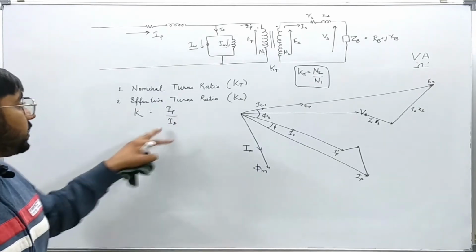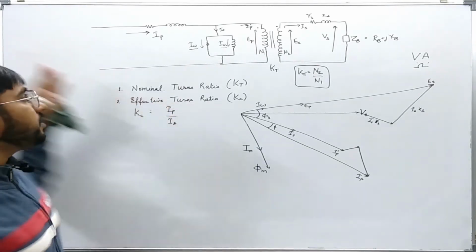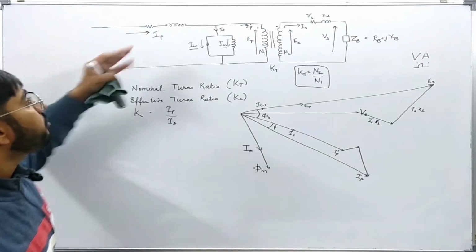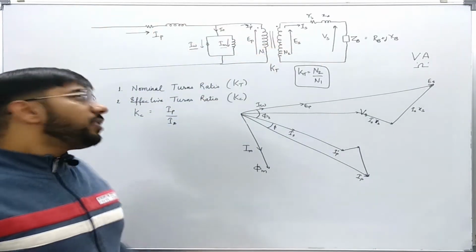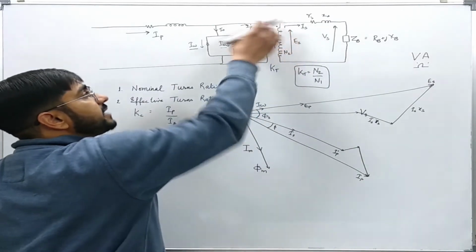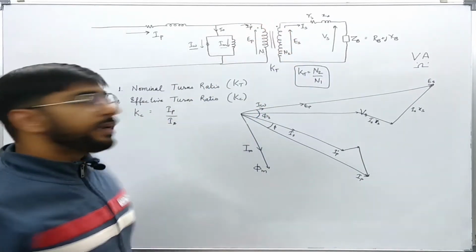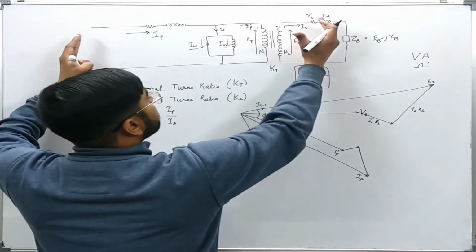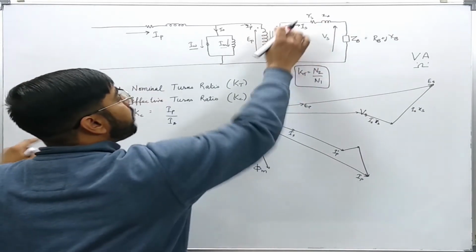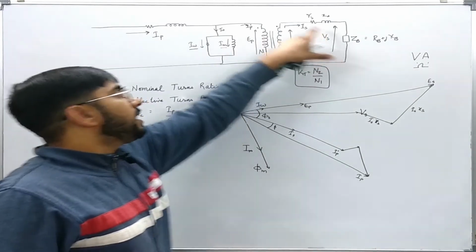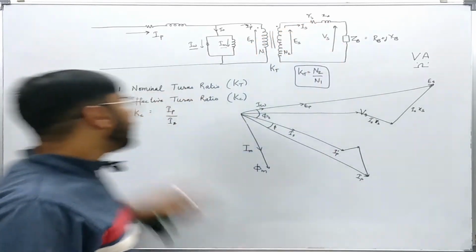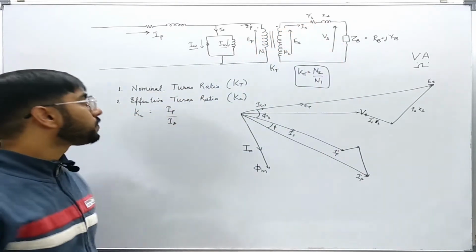That is the effective turns ratio, which we observe by measuring the current on this side and this side. We don't know the inside construction of the CT. We can only see this. Although it will be written on the nameplate, we can only measure the currents, and their ratio will be the effective turns ratio.